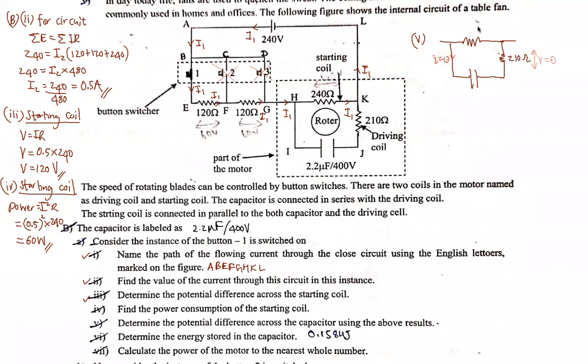So if I have a potential difference of 120 volt across this one, I will have the same potential difference across the capacitor too. That's the answer: 120 volt. Why? Because the capacitor and the starting coil are parallel to each other.